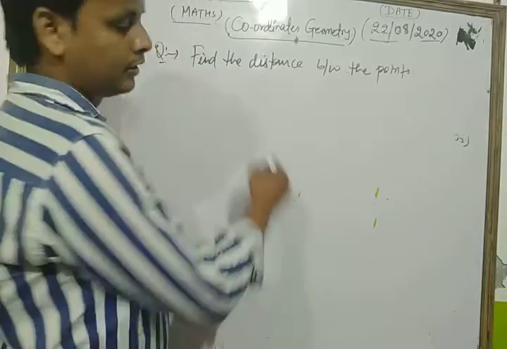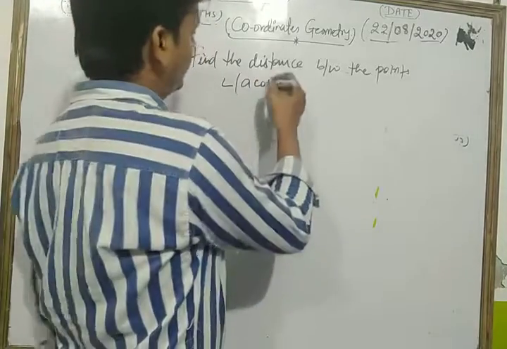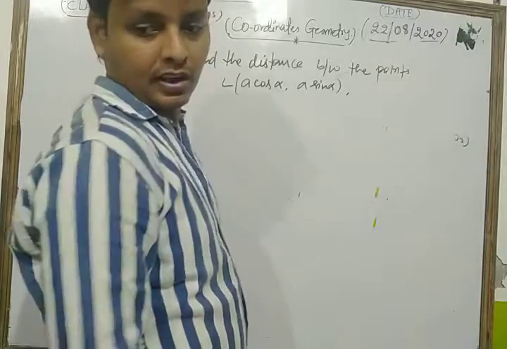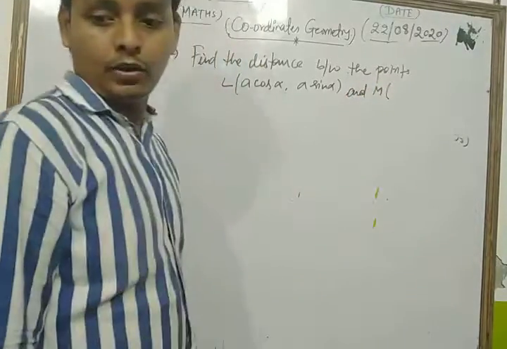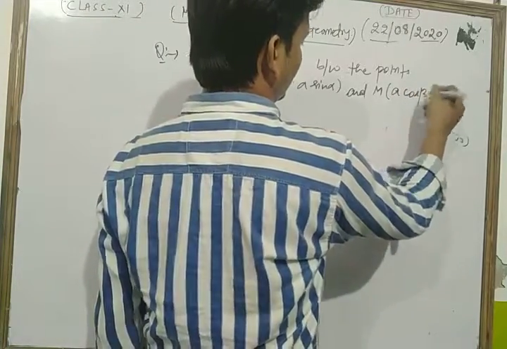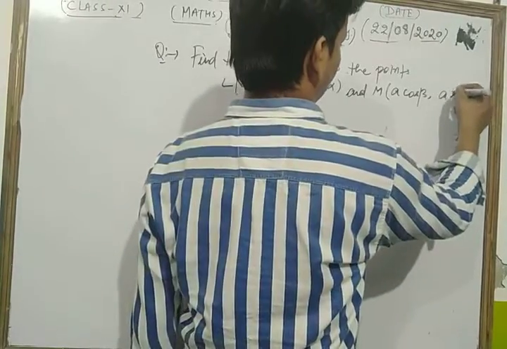The first point is L, (A cos alpha, A sin alpha), and the second point is M, (A cos beta, A sin beta).